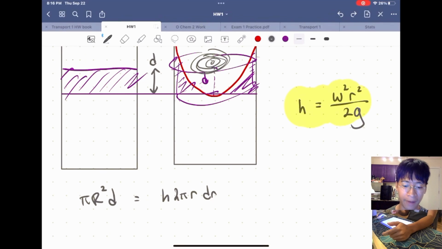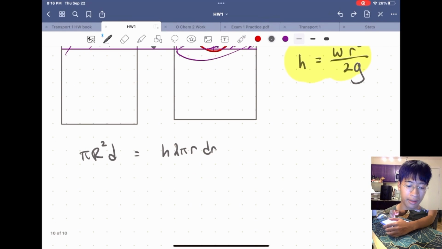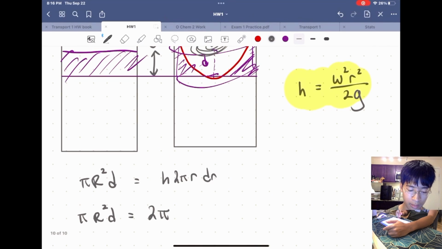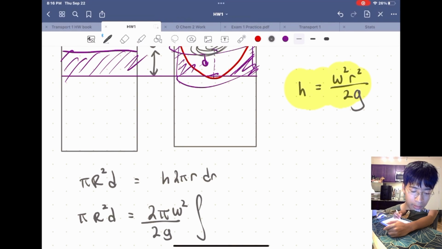H is a function, and we have that function right there. We derived it moments earlier, right? So if I plug that in, that becomes what? So pi r squared d is equal to, let's pull my constants out, 2 pi omega squared over 2g integral of, oh, don't forget h.